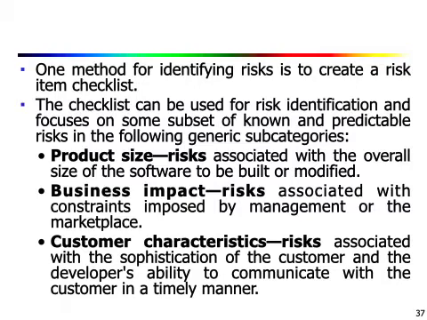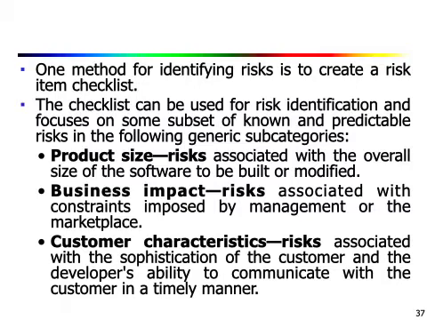Process definition risks are associated with the degree to which the software process has been defined and is followed by the development organization. Development environment risk is associated with the availability and quality of the tools to be used to build the product. Technology to be built risk is associated with the complexity of the system to be built and the newness of the technology that is packaged by the system.